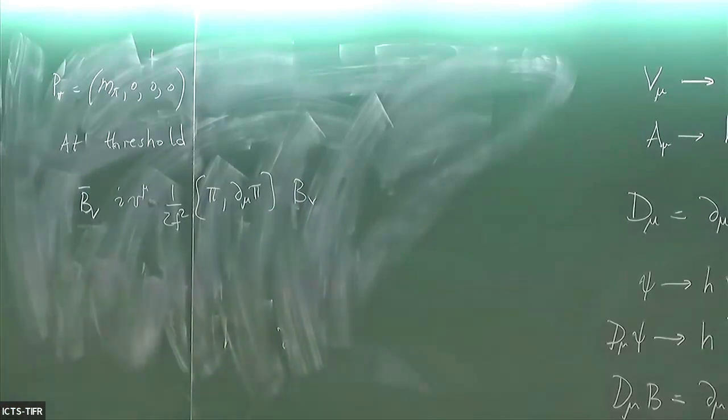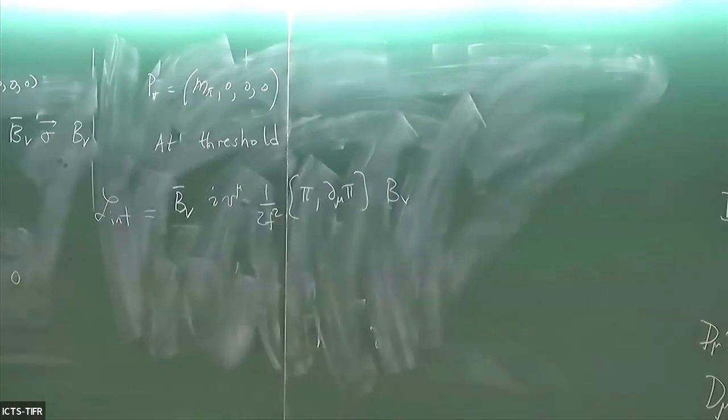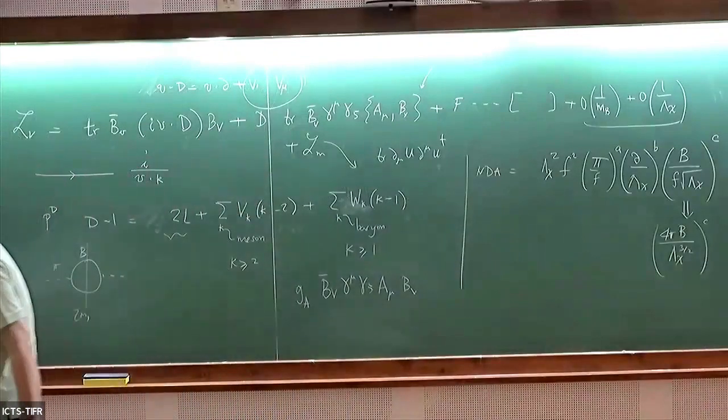So that's what I get. Okay, so that's coming from this term, using the fact that v mu is 1 over 2f squared pi commutator d mu pi.